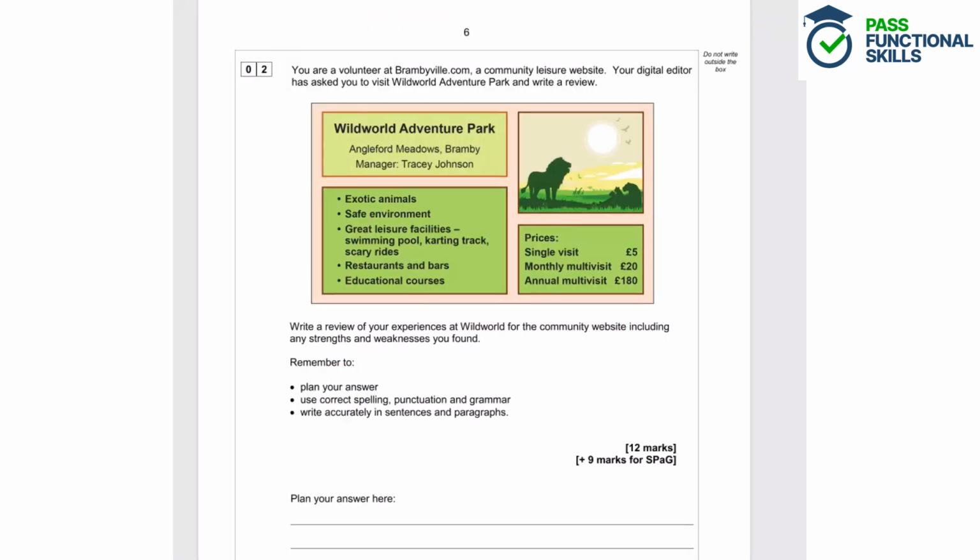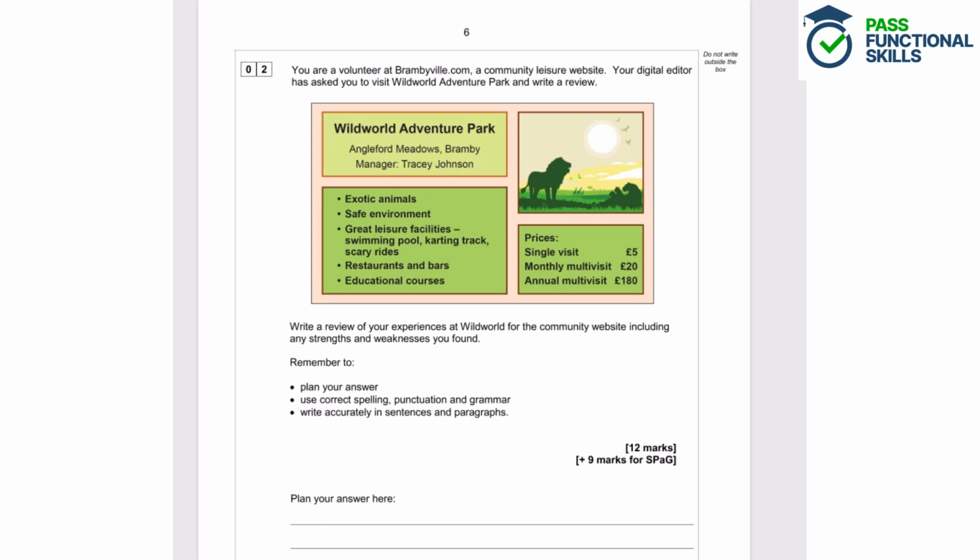Question 2. You are a volunteer at branbyville.com, a community leisure website. Your digital editor has asked you to visit Wild World Adventure Park and write a review. Wild World Adventure Park, Angleford Meadows, Branby. Manager Tracy Johnson. Exotic animals, safe environment, great leisure facilities, swimming pool, karting track, scary rides.